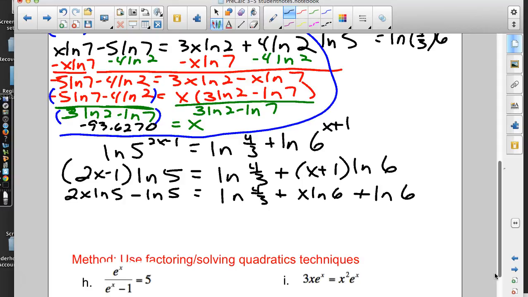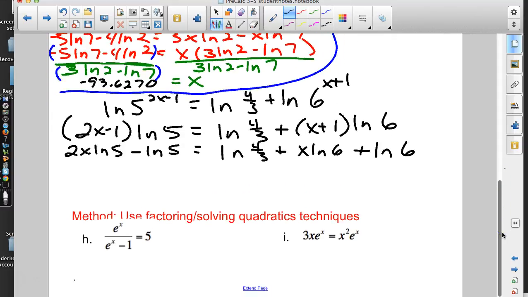Trying to move the stuff to the other side. X is on one side, anything that we could calculate with the calculator on the other side. So we'll have 2x natural log of 5 minus x natural log of 6. On the other side, we will add that natural log of 5.